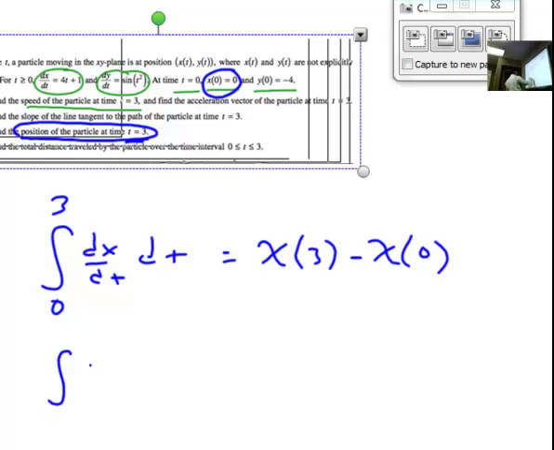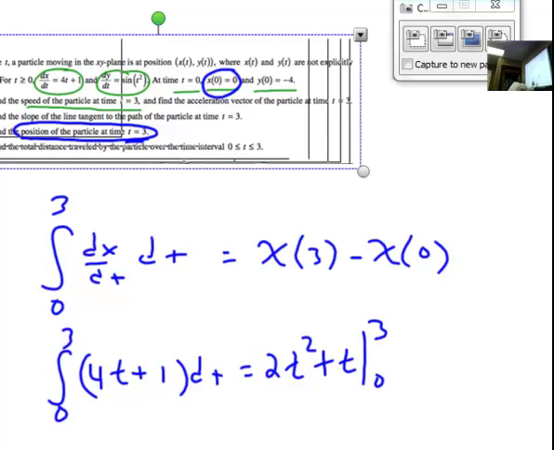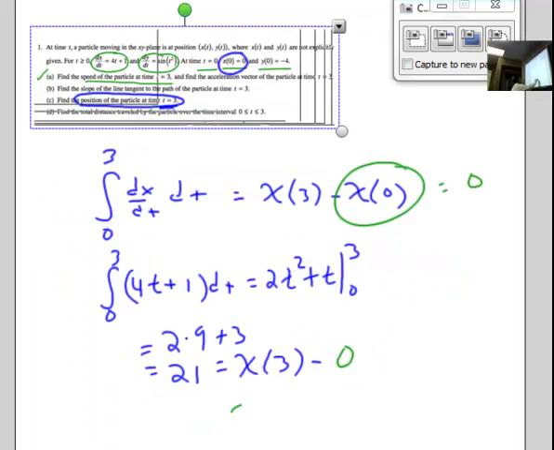So let's integrate 4t plus 1 from 0 to 3. This equals 2t squared plus t from 0 to 3, which is 2 times 9 plus 3, 18 plus 3 is 21. That equals x of 3 minus x of 0, but x of 0 is 0. So x of 3 equals 21.